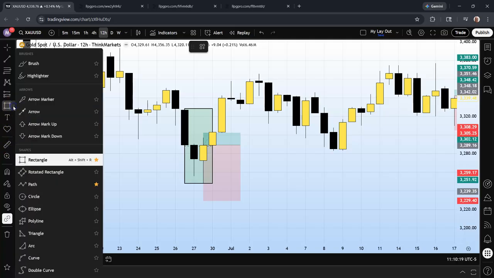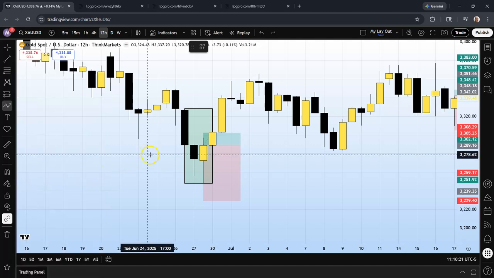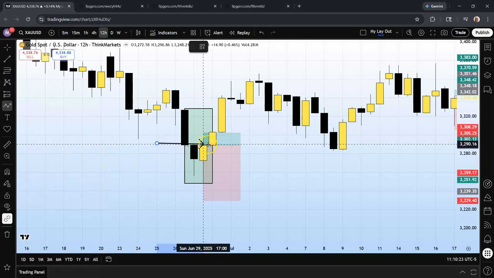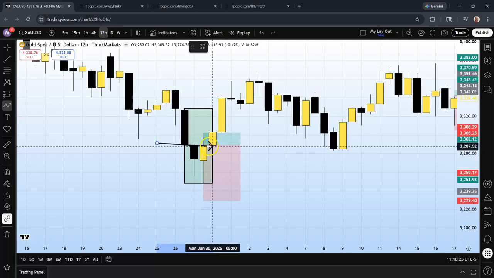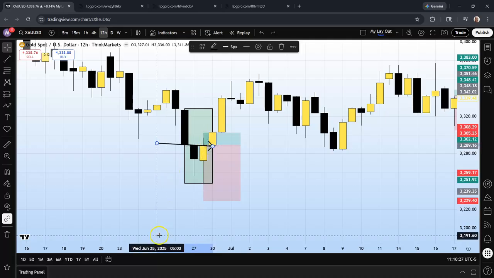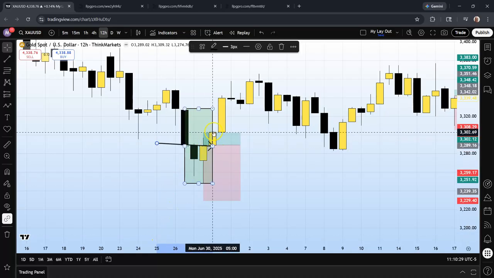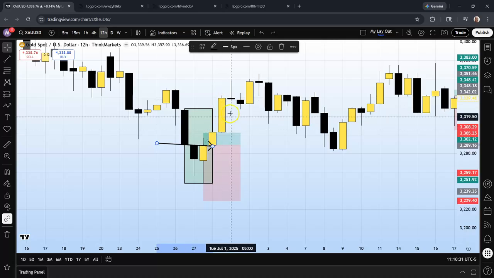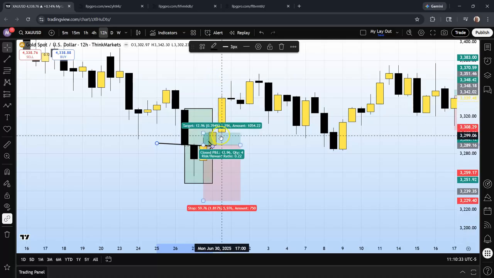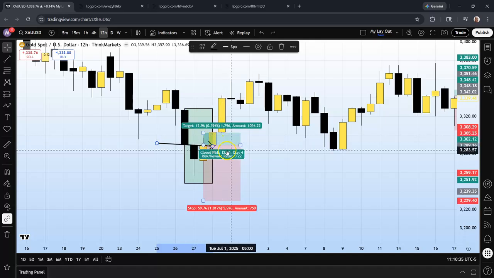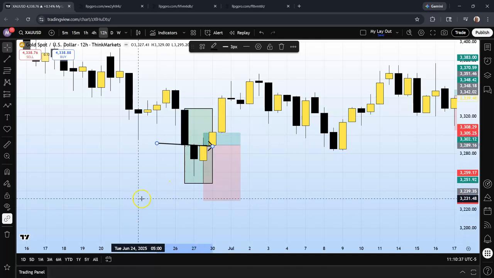Just get this tool. You would have entered right there. And then, hey, there you go. The next candle, you close the trade, and you profited off of that pattern right there.